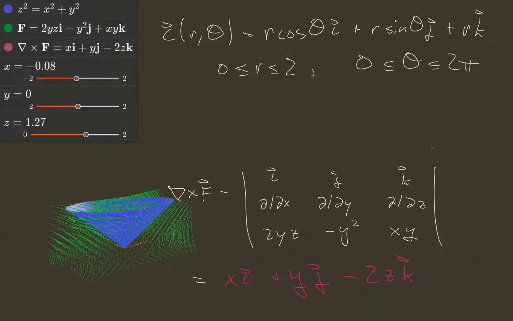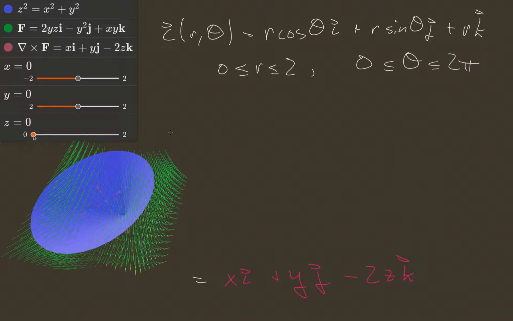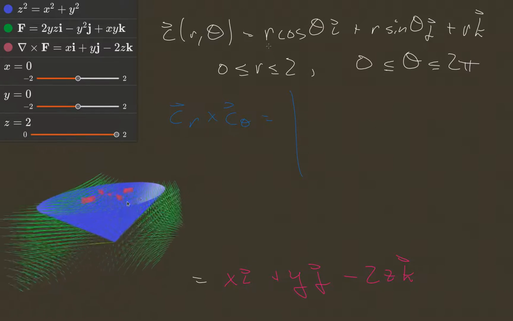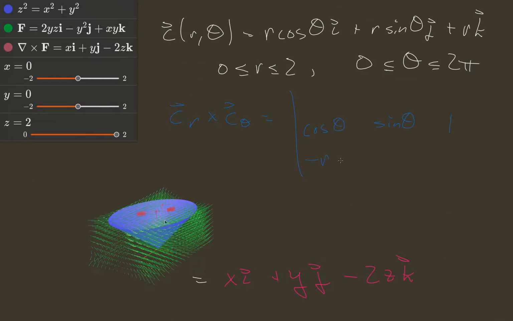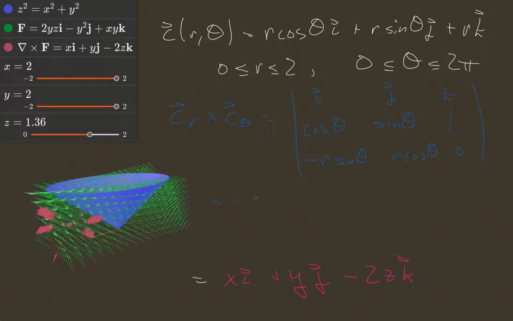Then c_r cross c_theta is the determinant: cos theta, sine theta, 1, and negative r sine theta, r cos theta, 0, which is negative r cos theta i minus r sine theta j plus r k.